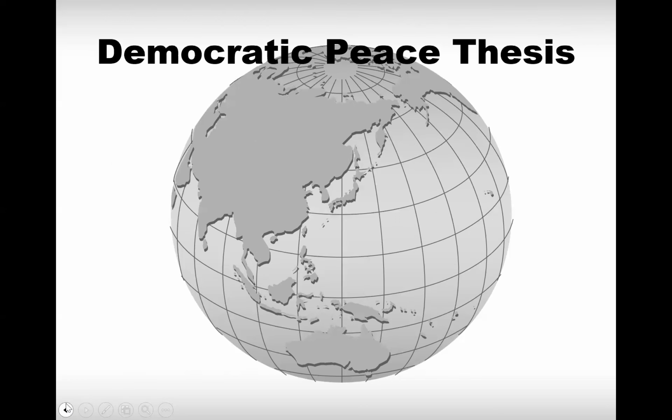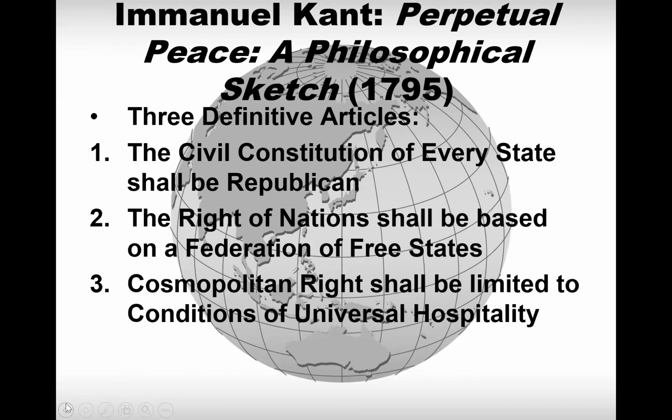Now, this was very idealistic within the context of the late 18th century. However, Kant was writing at a time in which the ideas of the French Revolution were shaping Europe and shaping international relations, particularly within Europe. Today, we see that Kant's 3 definitive articles are in fact reflected in regional organizations such as the European Union.